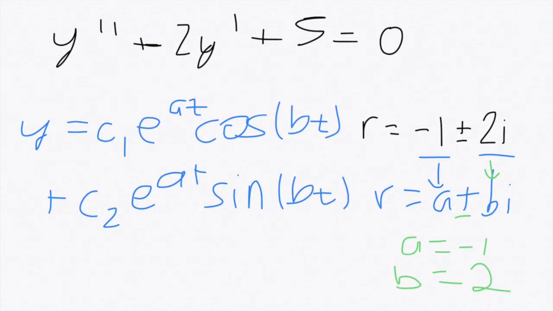We just replace a with negative 1, and b with 2. And this is our general solution.